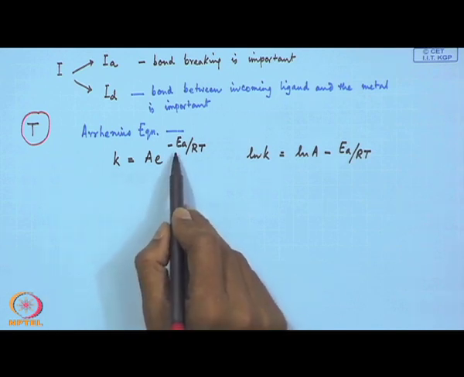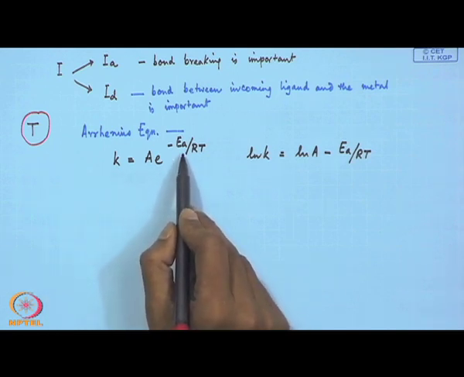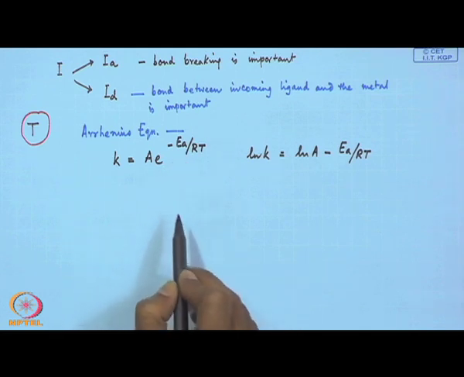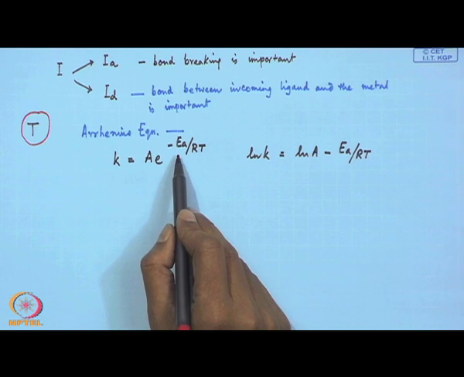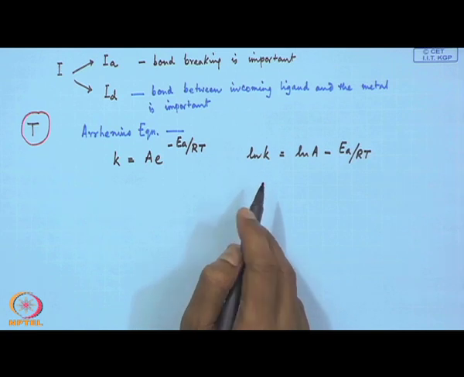But this E A value is nothing but the energy of activation, the potential energy barrier. How quickly we can cross the energy barrier in terms of the energy of activation gives rise to the rate of the reaction.